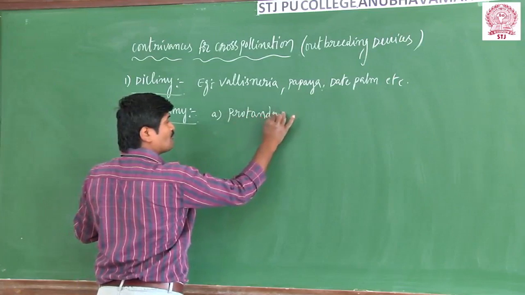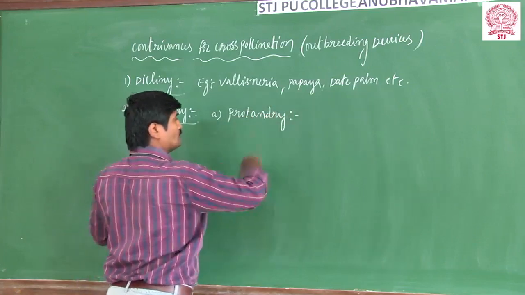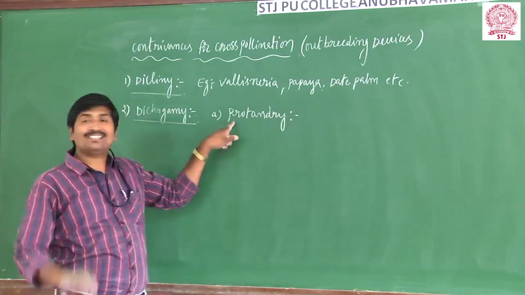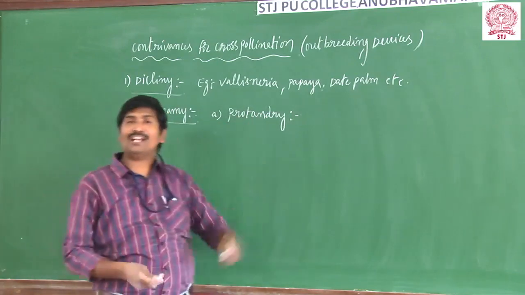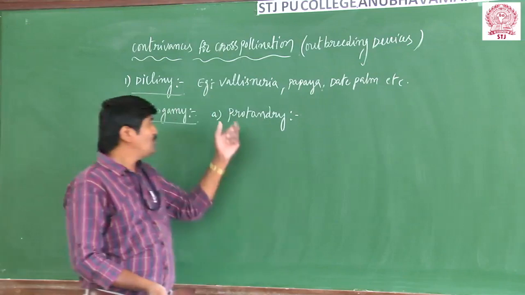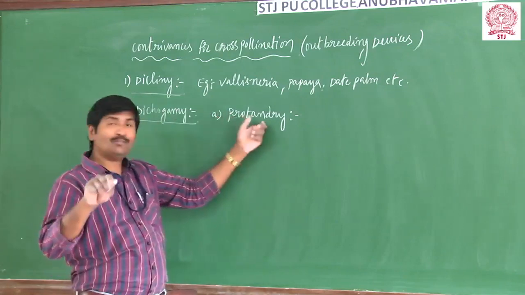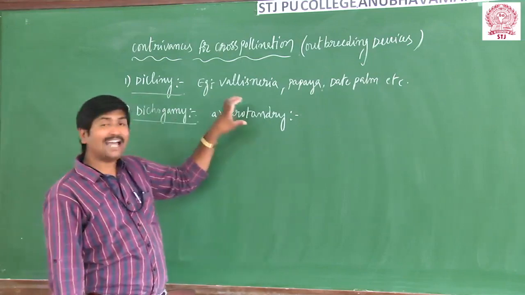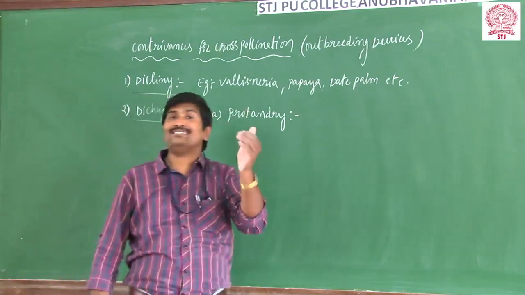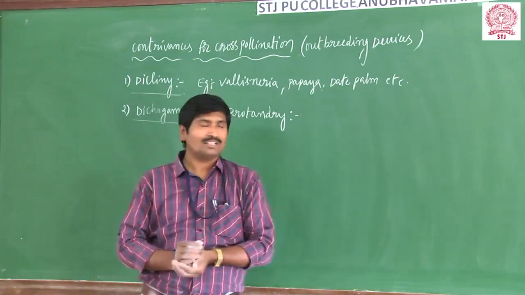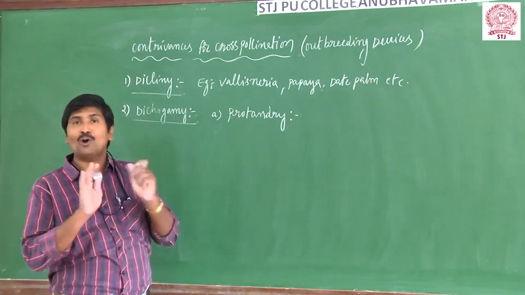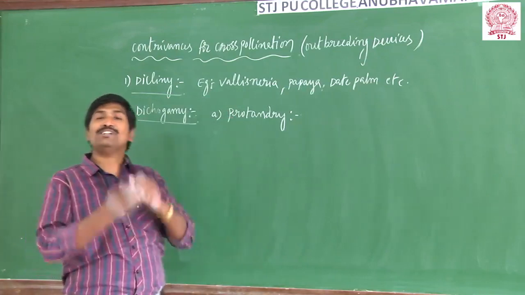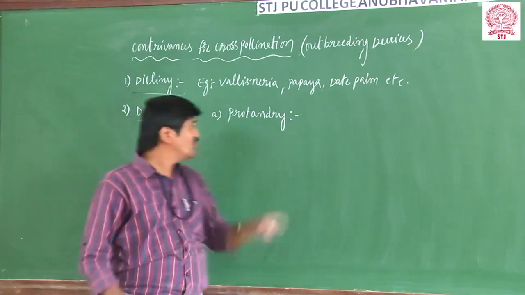protandry. Pro means first, and andro means androecium. Androecium means male reproductive organ. Here, the androecium is mature earlier than gynoecium. That condition is known as protandry. It is most common in the majority of the flowering plants.